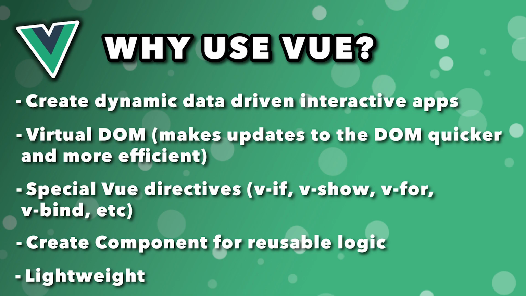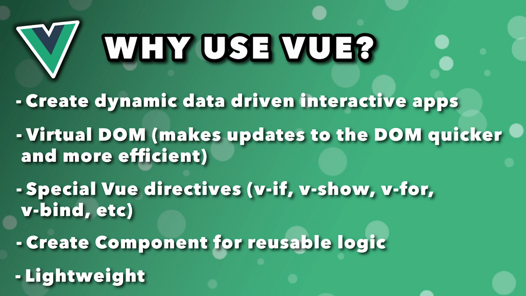So you might be wondering, why would you choose Vue over a traditional vanilla JavaScript application? There is a handful of reasons, such as the ability to create dynamic data-driven interactive apps and websites. Now, Vue also has something called the virtual DOM, and essentially the virtual DOM is a virtual lightweight copy of the actual DOM.